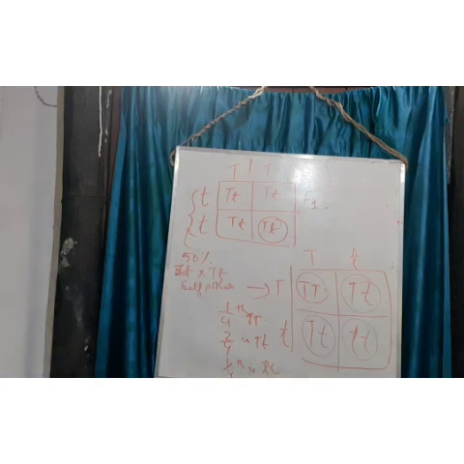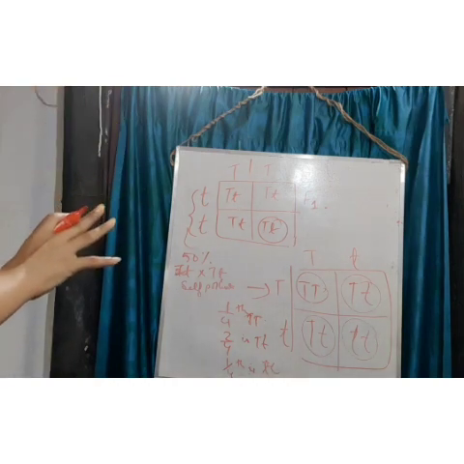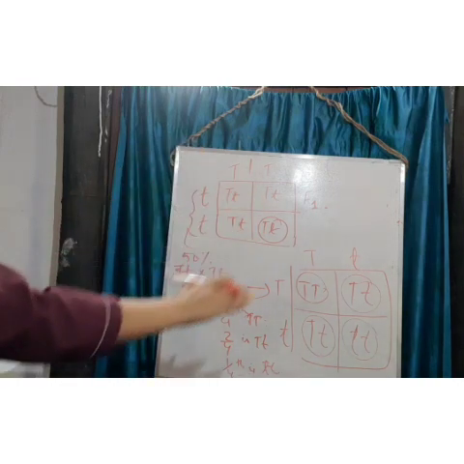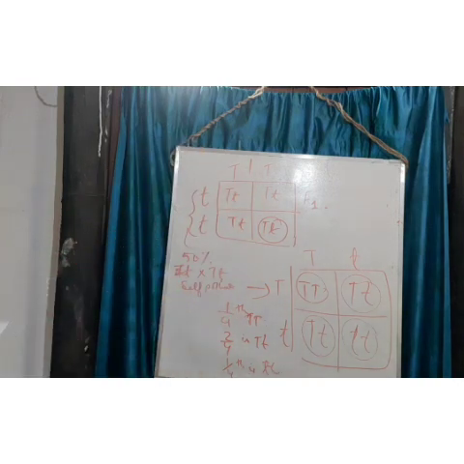So from this picture, from this experiment, it is clear that only the genotype ratio can be calculated by using mathematical probability.